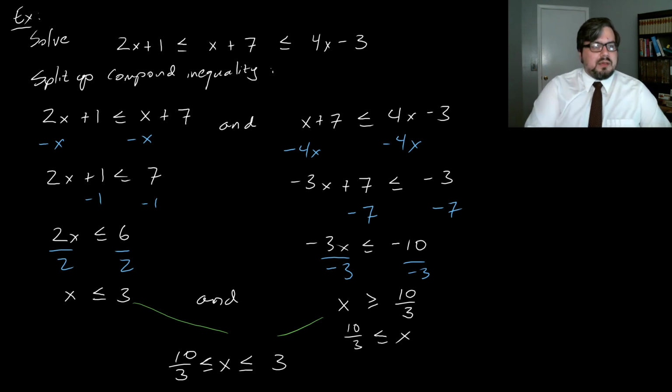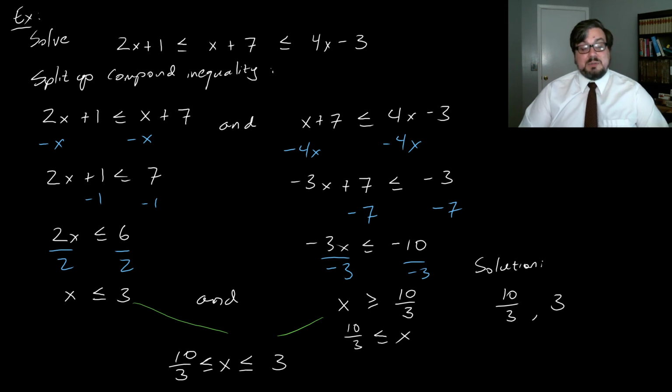Now, we can sketch out the solution again, or we can jump straight to the solution in interval notation, depending on what the problem was asking for us. So in this case, x is going to have to be between 10/3 and 3, and both of those are solutions to the inequality.